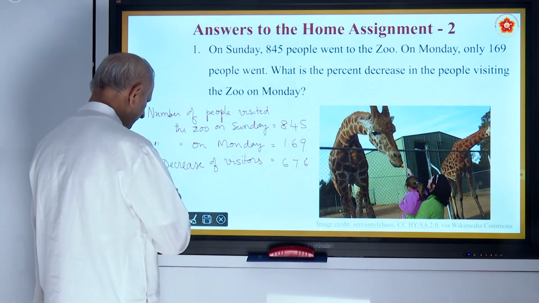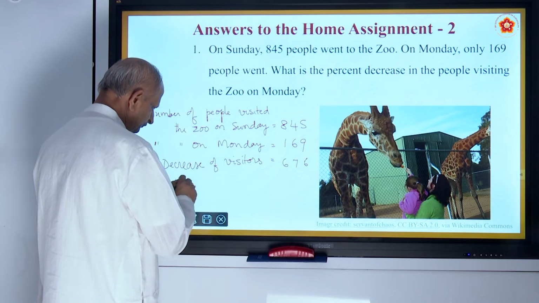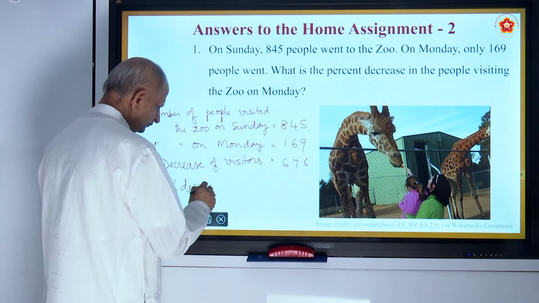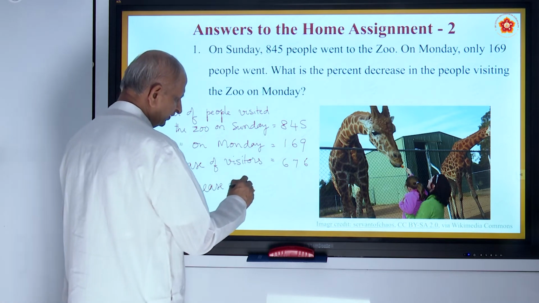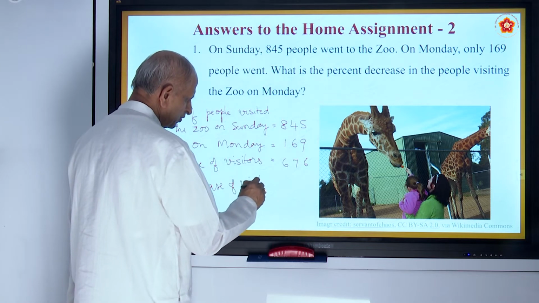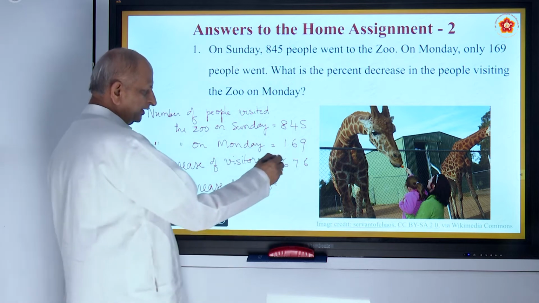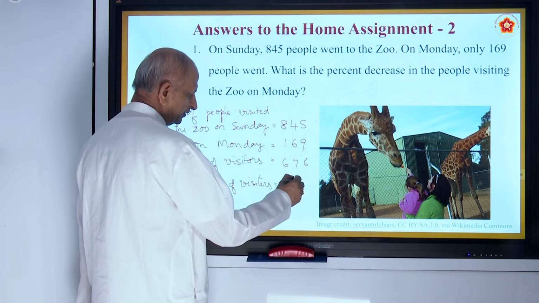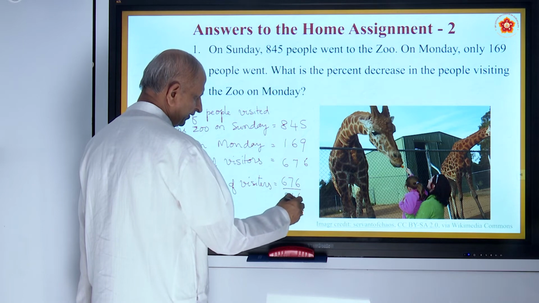And they are asking percentage decrease of visitors to the zoo. So total decrease is 676 out of 845.